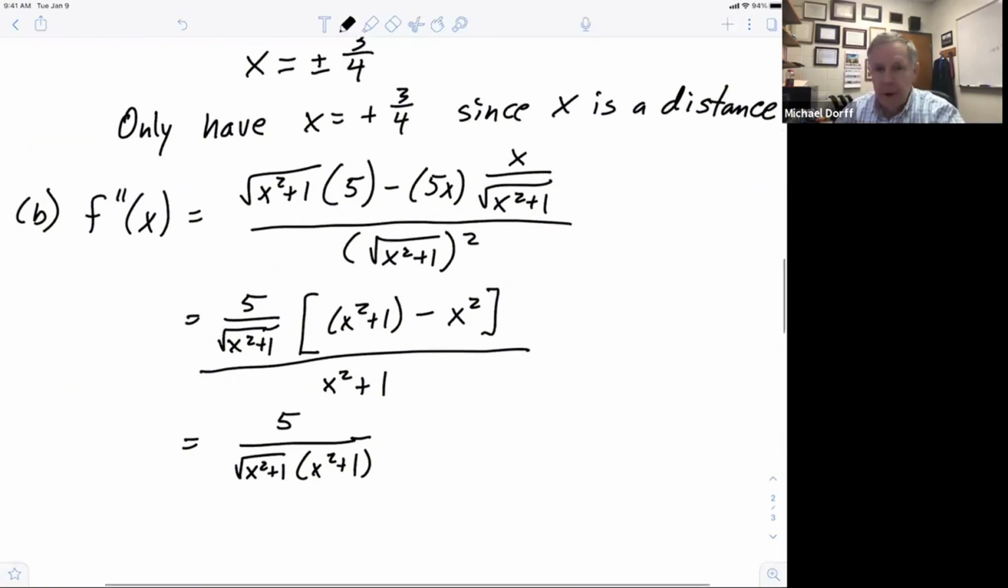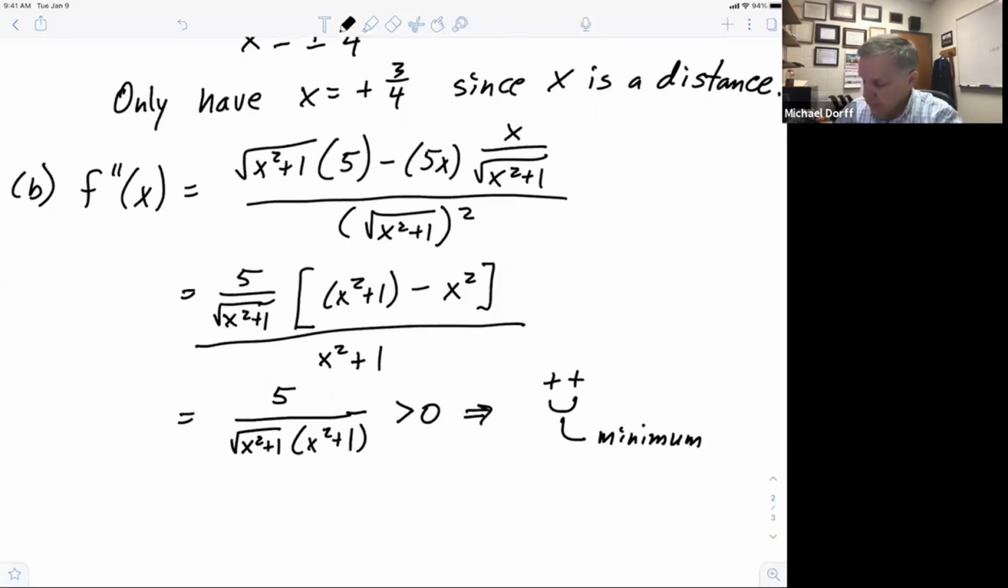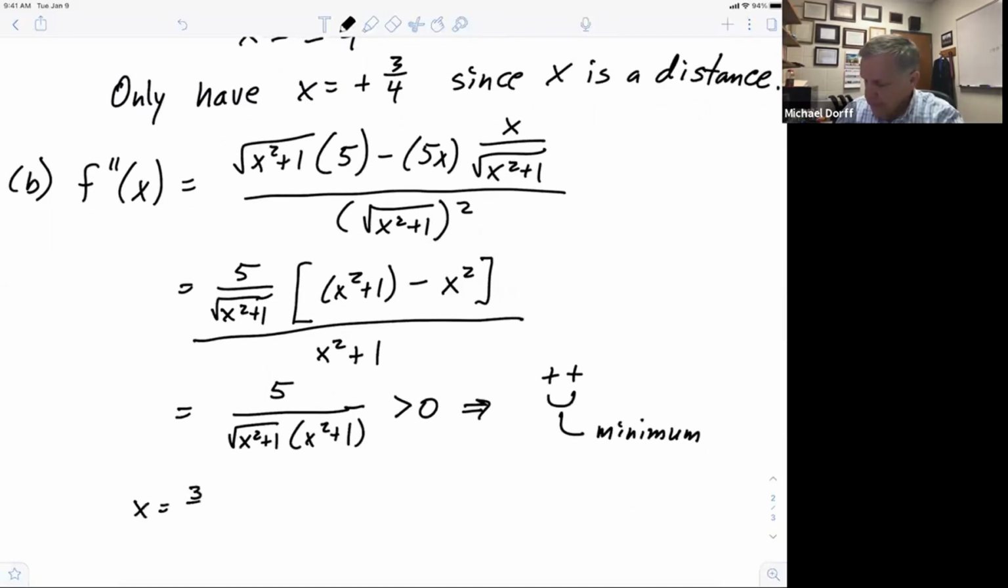Now, is this going to be positive or negative? Well, this is always going to be positive. And so when I have a positive second derivative, that means I have concave up, which means I then have a minimum. So x equals 3/4 is a minimum, and that's the answer to our problem.